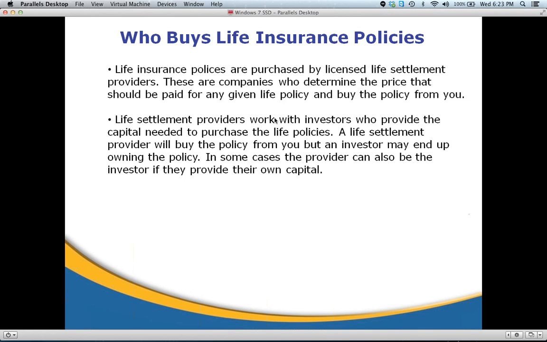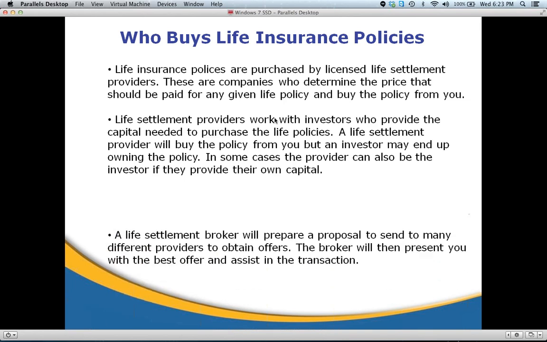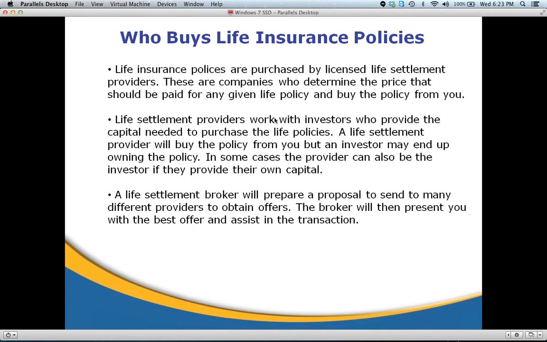So let's say, for example, and just make up a name, Magnum Capital is going to buy your life insurance policy as the provider. Magnum Capital may have 10 or 12 or a dozen other investors providing the cash that they're using to buy those policies. Or in some cases, providers are self-funded.